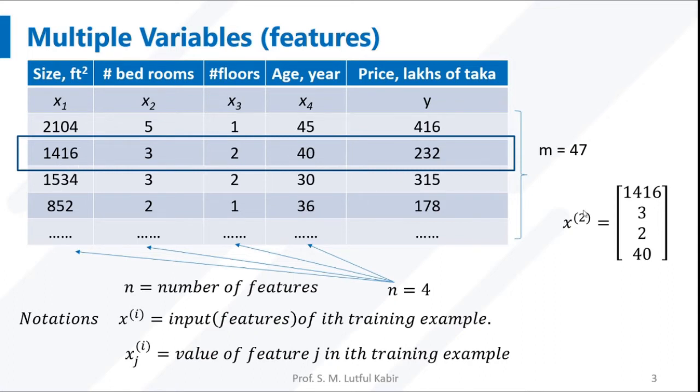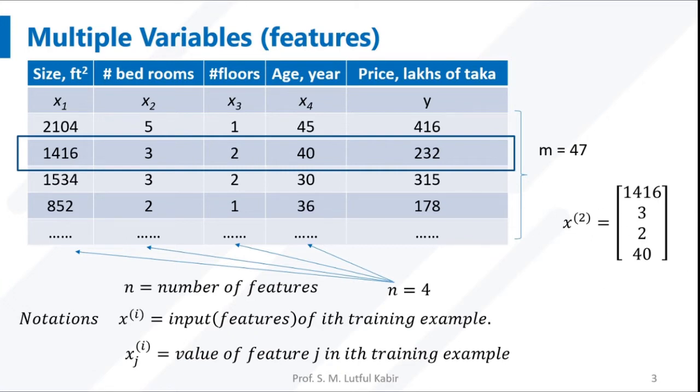The elements have to be written in a column, and since a single column matrix is called a vector, we call x superscript 2 a vector. x to the power 2, although it is a superscript, we don't mean that it is the power of x. It's just an index.